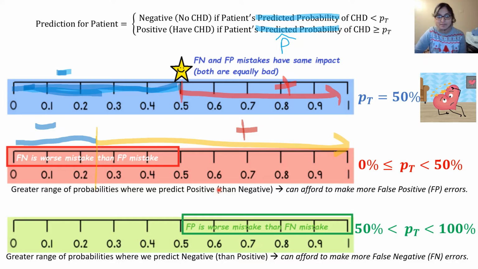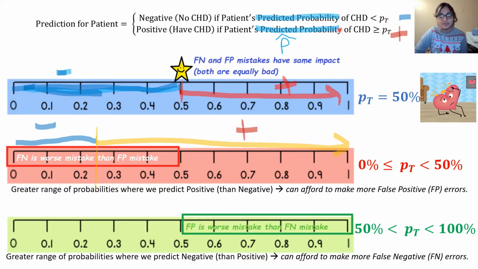So there's a greater range of probabilities where we predict positive than negative, and it's because somebody who has this probability threshold less than 50% doesn't care as much about false positives as they do about false negatives. They think false negatives are worse mistakes than false positives, so we can afford to decrease this threshold and predict positive more often than negative, because that's what somebody with this threshold tends to value: they tend to value false negatives as being worse than false positives.